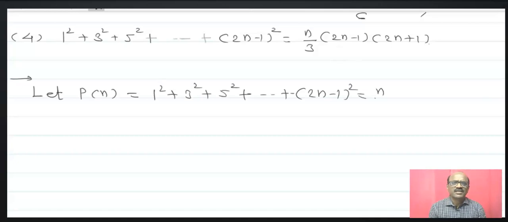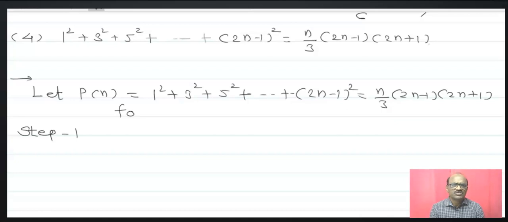Now here we will write, let P of n is equals to 1 square plus 3 square plus 5 square plus ... plus (2n minus 1) in bracket square equals n upon 3 (2n minus 1) into (2n plus 1). Step number 1, that is the foundation. Given result is true for n is equals to 1.